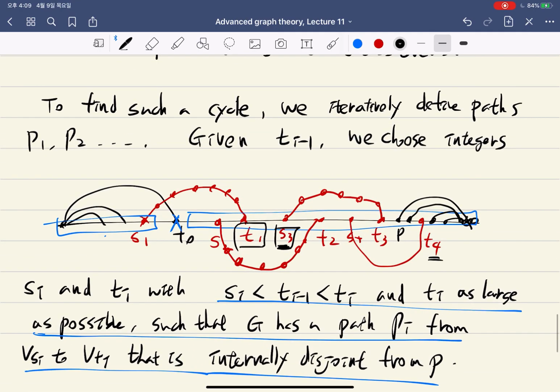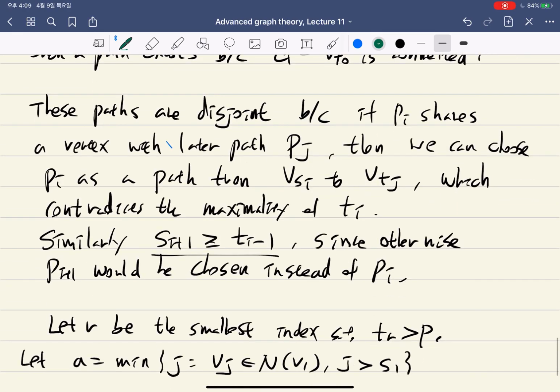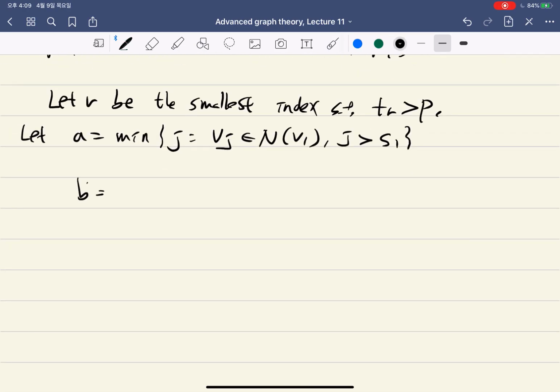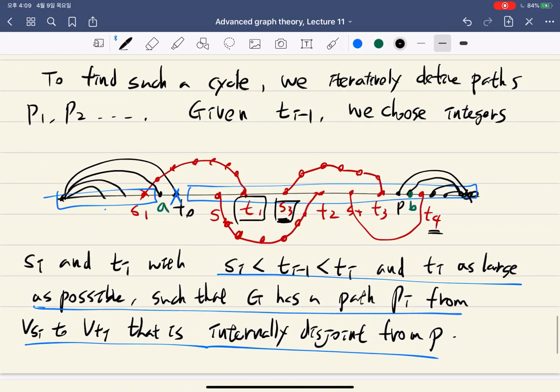So this is the vertex A. And we will call this vertex B. B is the maximum J such that Bj is a neighbor of Bl and J is smaller than Tr. This is B.